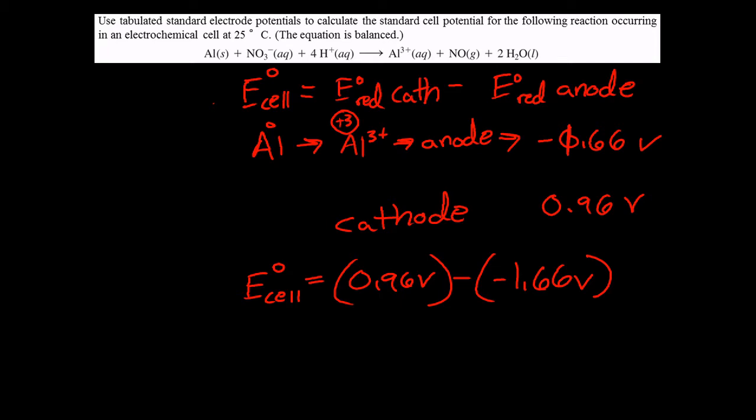And if I plug that into my calculator, I don't trust myself to do that in my head, not this late at night anyway, 0.96 plus 1.66, that is 2.62 volts. So that is pretty decently positive. That is a pretty good cell voltage for a single cell.